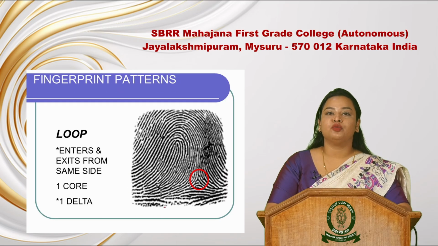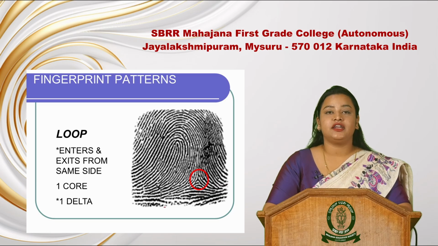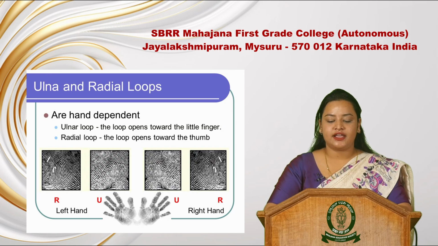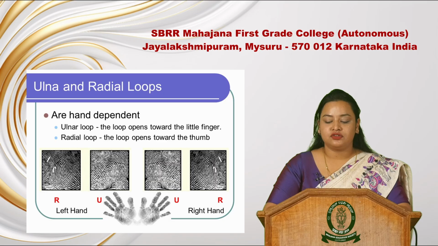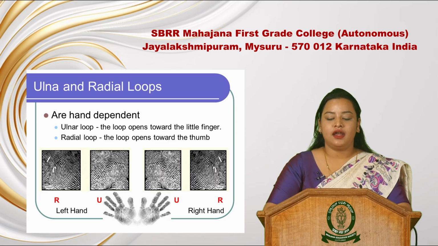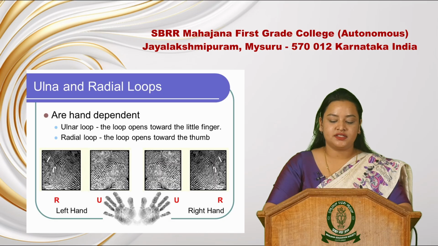Second is loop. In loops we have two types: first is ulnar loop, second is radial loop. In loops also the ridges enter and exit from the same side, and sometimes we observe one core and one delta. The ulnar loop opens toward the little finger, and the radial loop is one which opens towards the thumb.